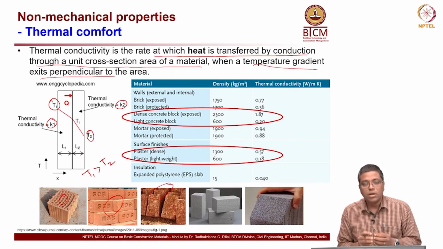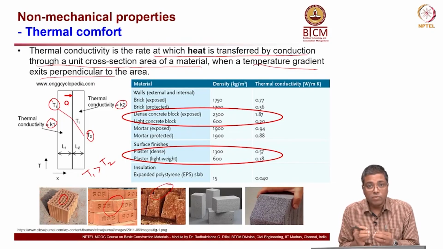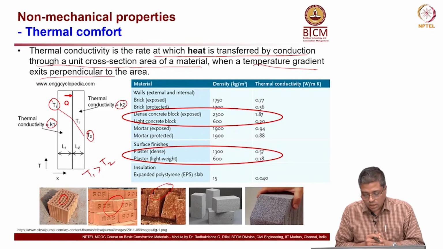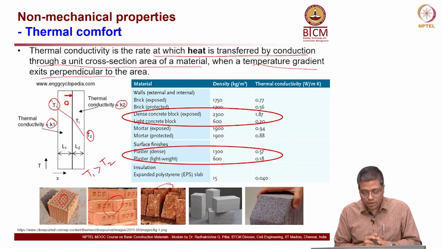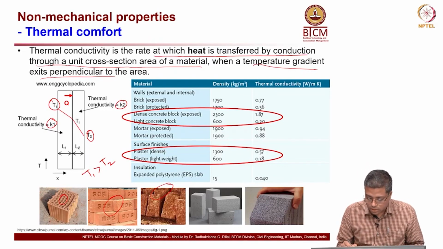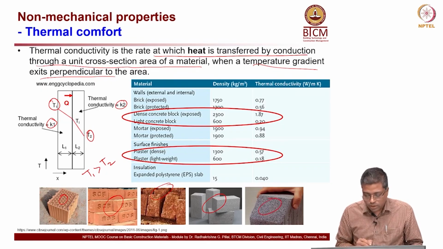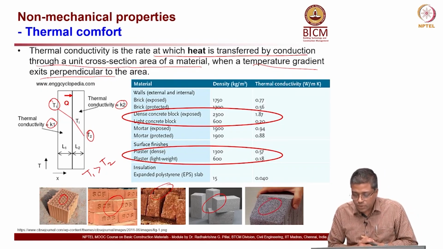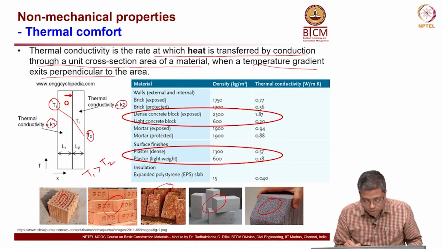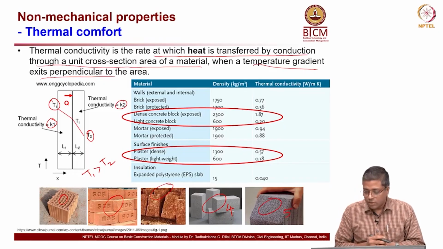It is a naturally available material, and people cut it in the shape of a brick and use it for building construction. The fourth one is the concrete brick, and the fifth one is the aerated concrete block, which also has a lot of air voids inside.